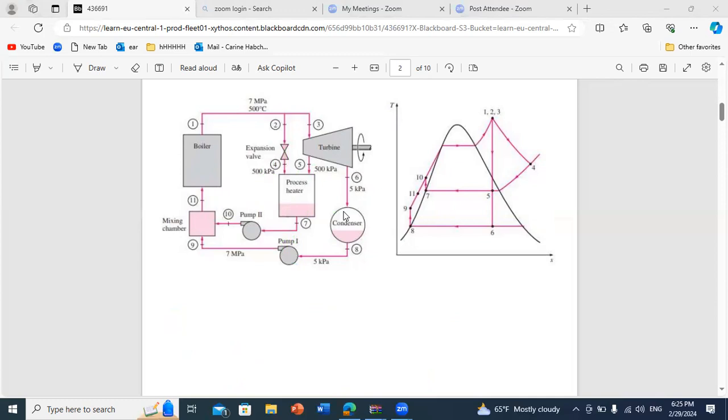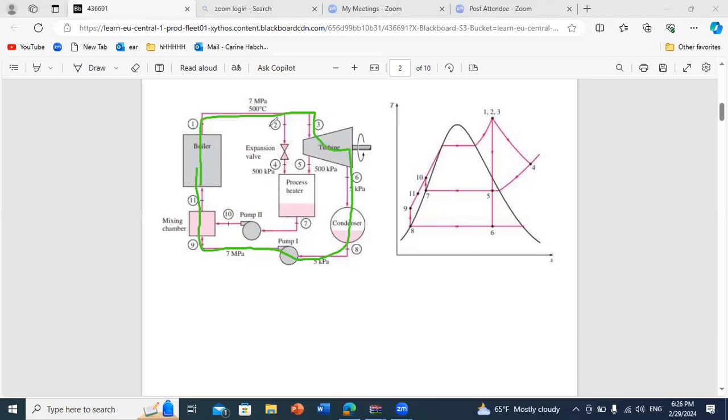We said we can produce electricity through the conventional cycle: boiler, turbine, condenser, and pump. If I just go through this path, this is my conventional power plant system, the conventional Rankine system, and I can just produce electricity.